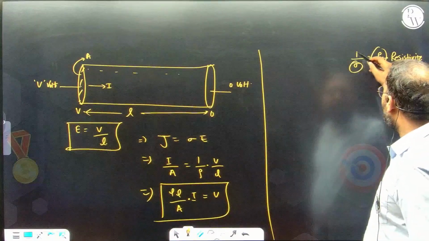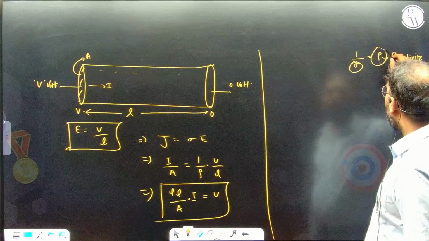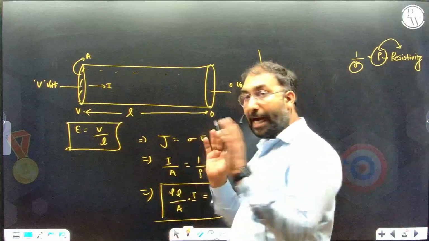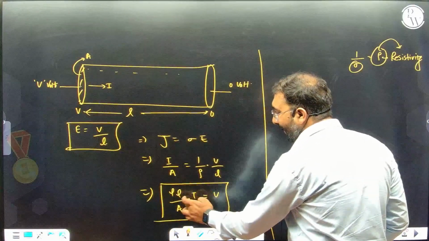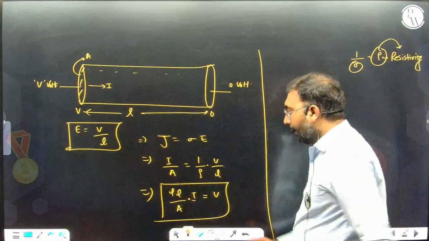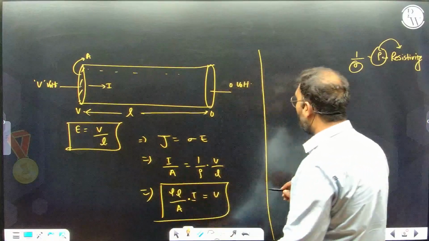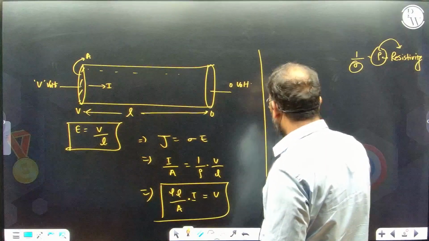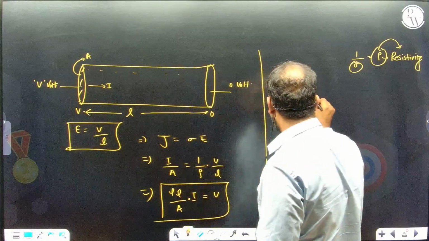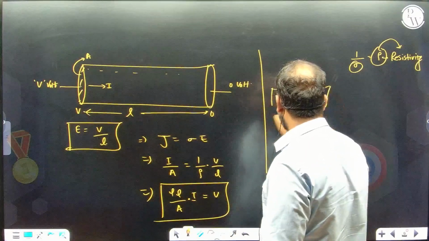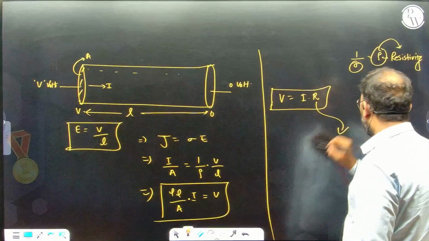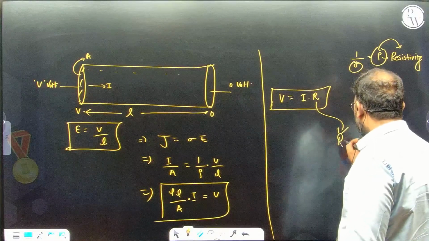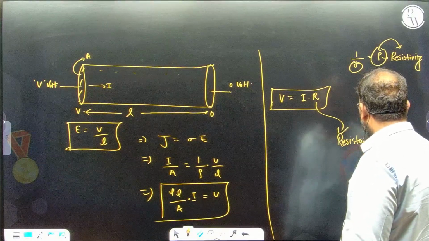So if sigma is constant, then 1 upon sigma will also be constant, and that constant is written as rho, resistivity. So for a given conductor at constant temperature, rho, L and A are everything constant, and I am writing this as the resistance of the conductor. V equals I into rho L by A, which I am writing with a constant, and that is the resistance of the conductor. So now you can see that your equation and my equation match. So this is the resistance of the conductor.